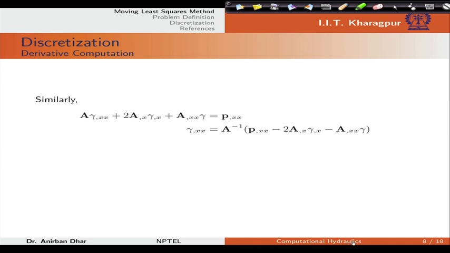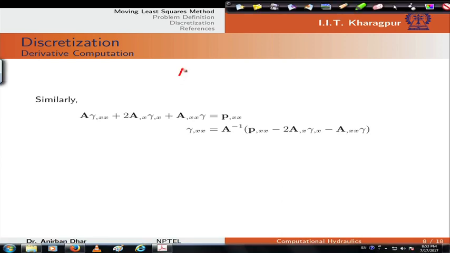Similarly, we can write A gamma comma x equals P comma x minus A comma x into gamma.